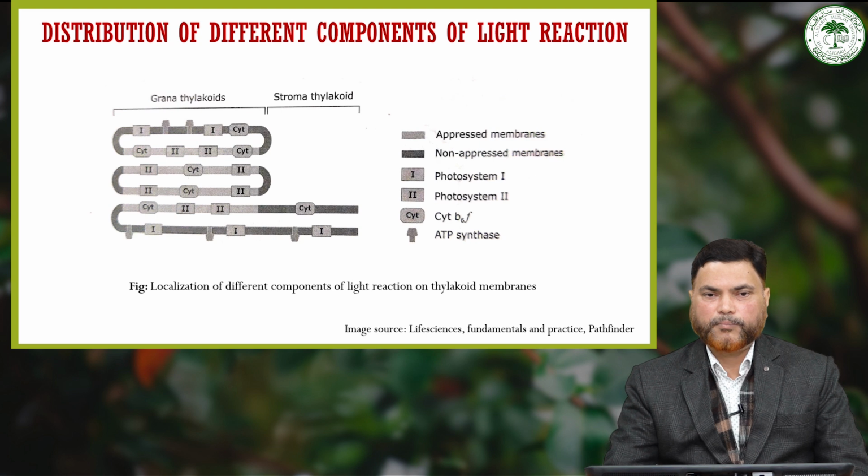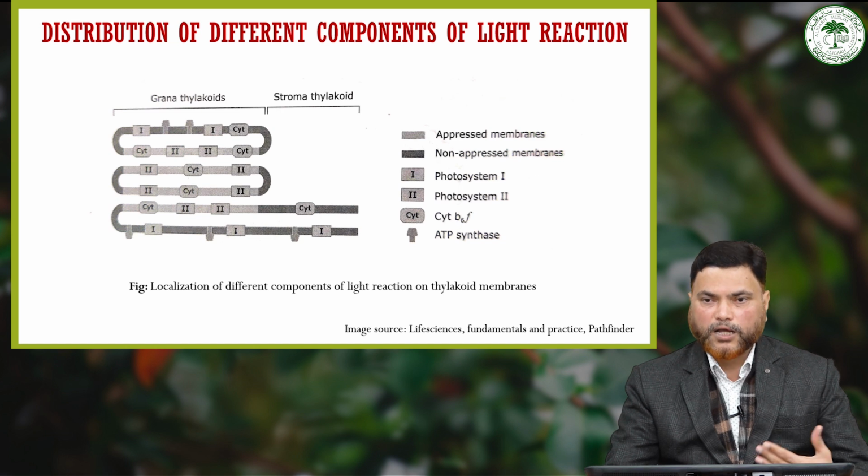And these appressed regions are typically associated with high photosynthetic activity and are found in the regions of the thylakoid membrane exposed to intense light. Now, what are the non-appressed regions?